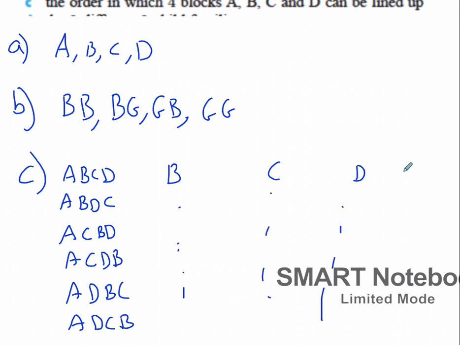So the total of the sample space is actually 24 if you write them all out.